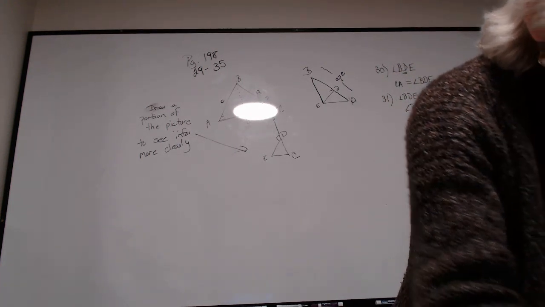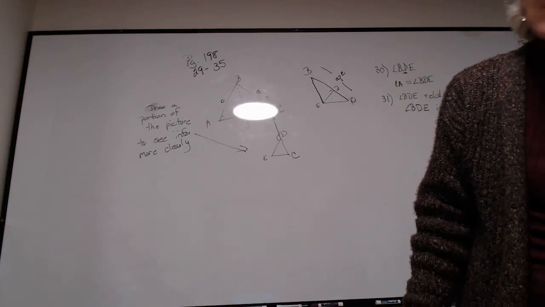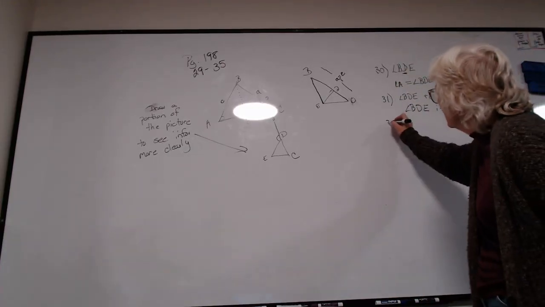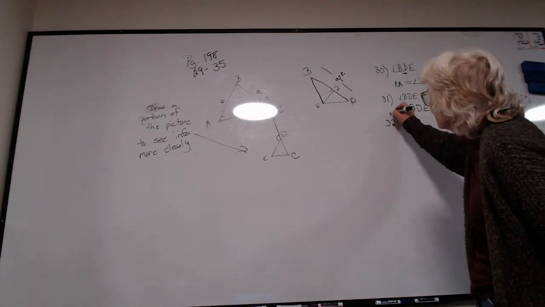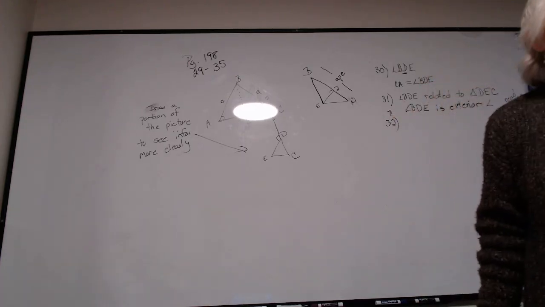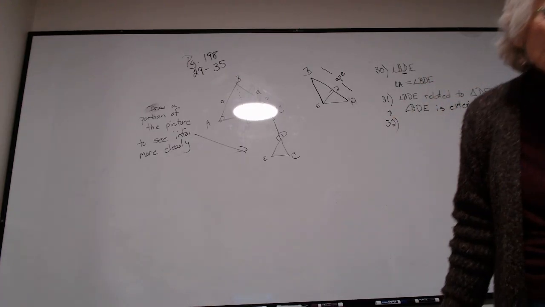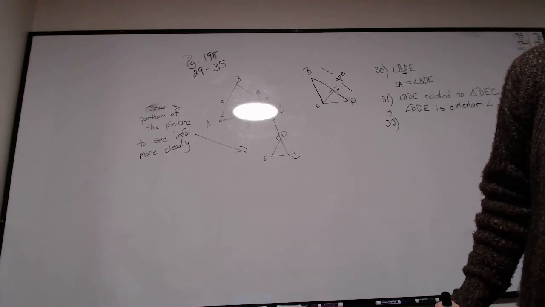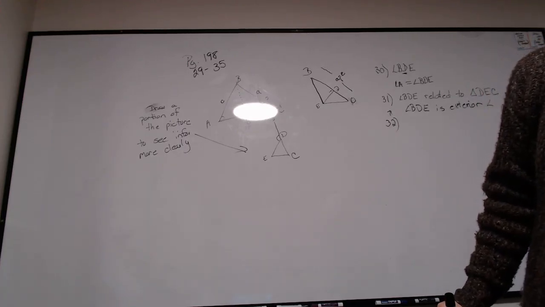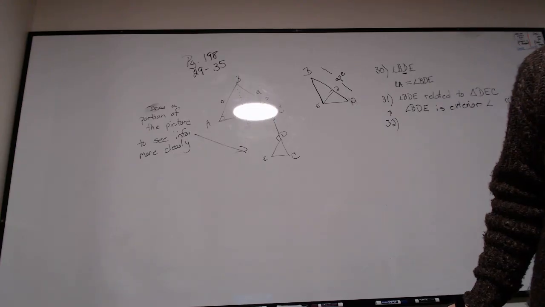What does this relationship show us about, so 32, and they're referring to this relationship, the exterior angle relationship. It says, what does this relationship show us about how angle BDE compares with angle C?